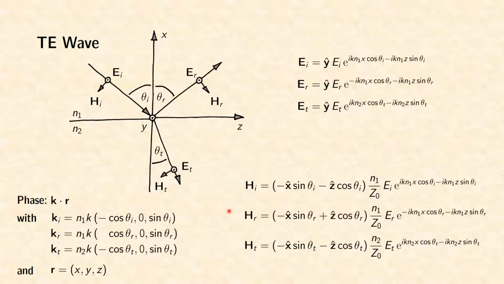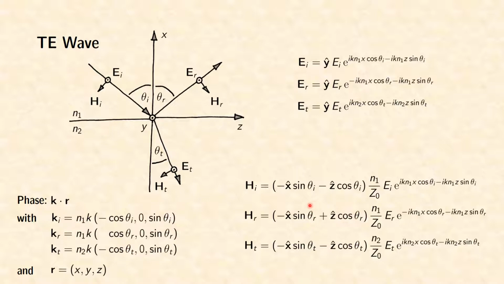So down here you see the respective magnetic fields. Of course, the polarization is now different. It's not just in y direction as the electric field, but perpendicular to this, so in the x and z plane, multiplied by the respective sine and cosines of the incident, reflected and transmitted angle, of course.